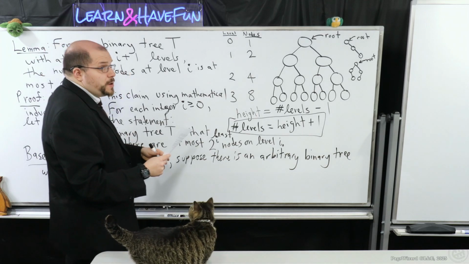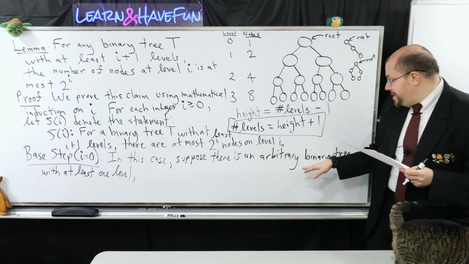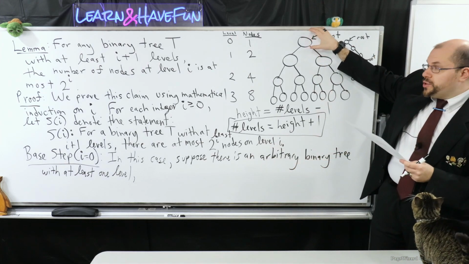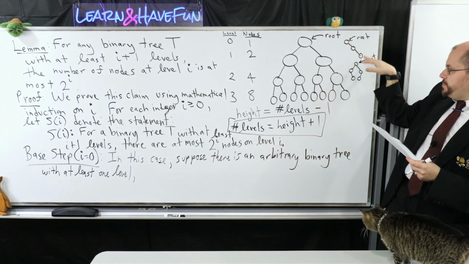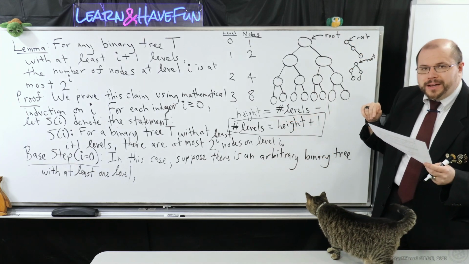But if there's at least one level, what does that imply? Because remember, it's not going to look only like this node. This tree could look like this, for example. It could look like that. It could look like this, because it's talking about the at least. Notice it says at least one level.